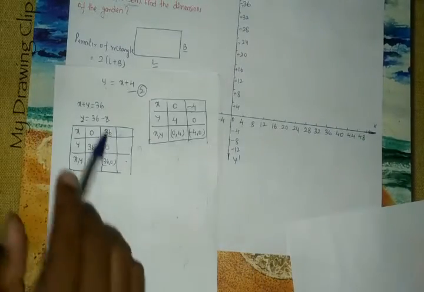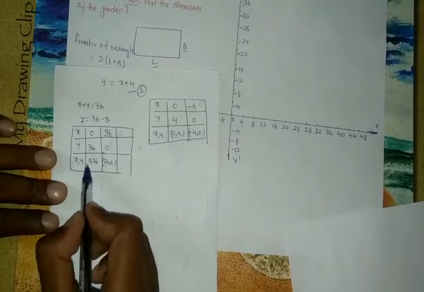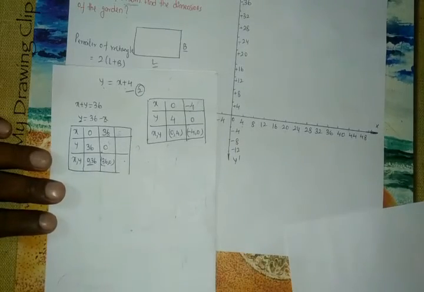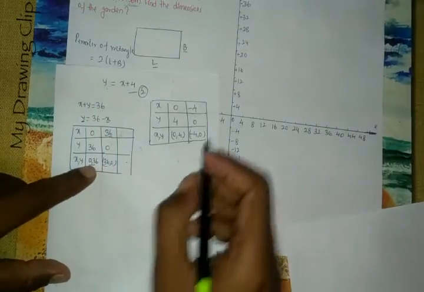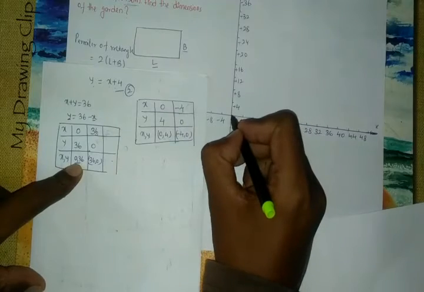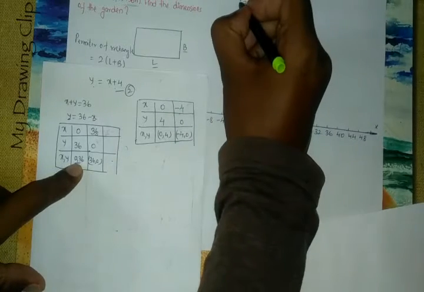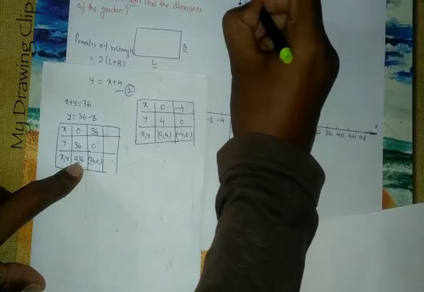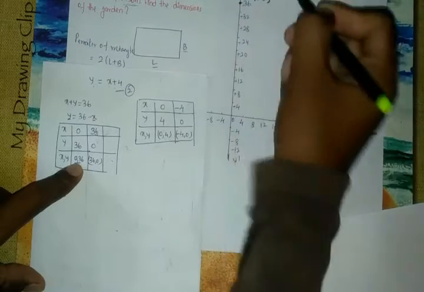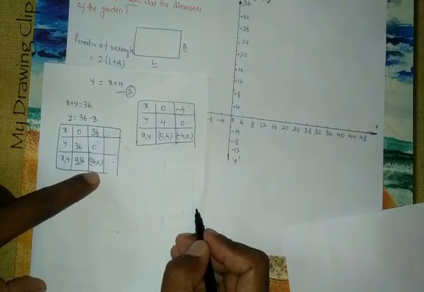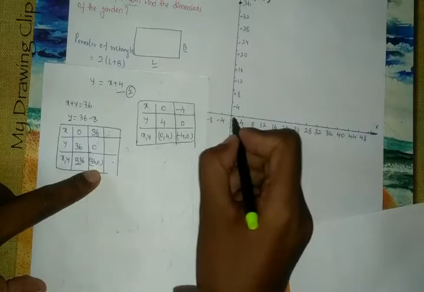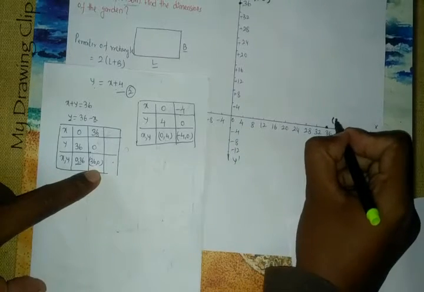So let me mark equation 1, which is having points 0 comma 36. When x equals 0, y is 36. So this point is 0 comma 36. And when x is 36, y is 0.